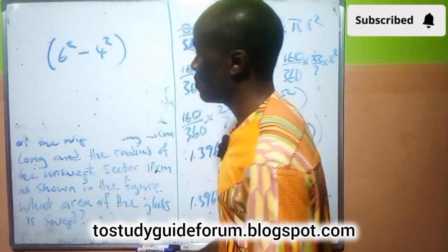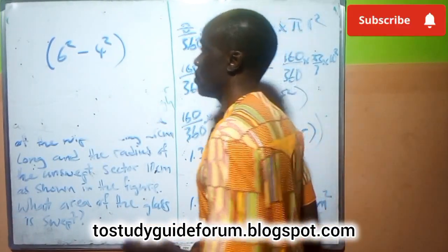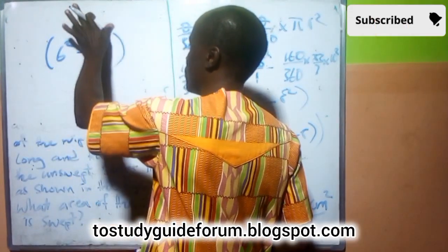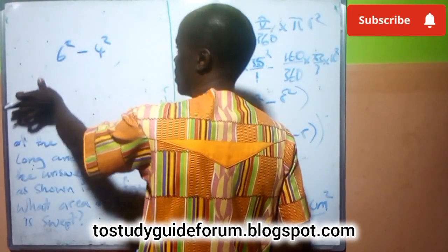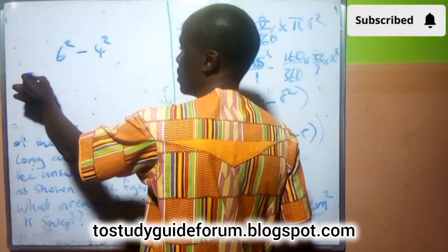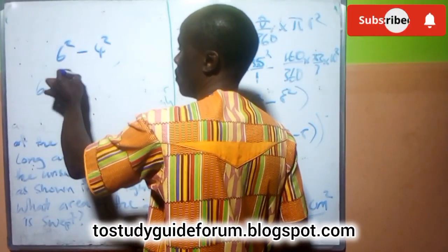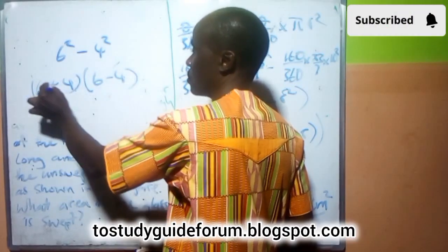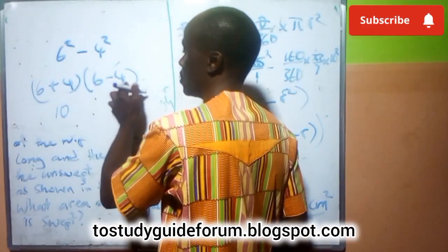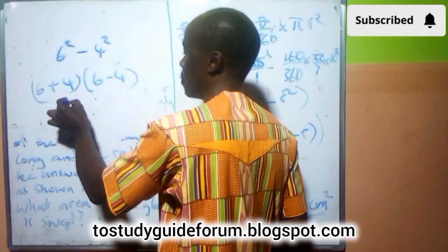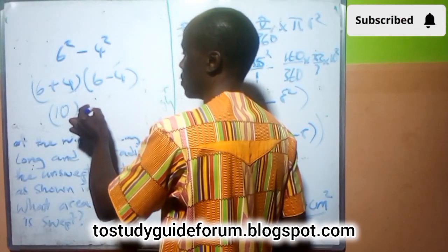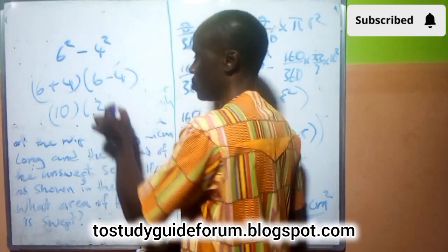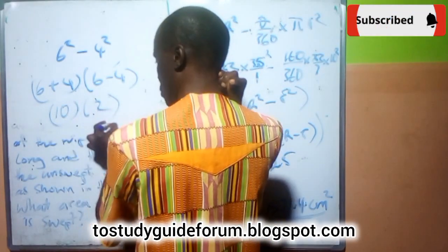To get the value of this is the same thing as 6 plus 4 and then 6 minus 4. So 6 plus 4 will give us 10. 6 minus 4 will give us 2. Then 2 times 10 will give us 20.